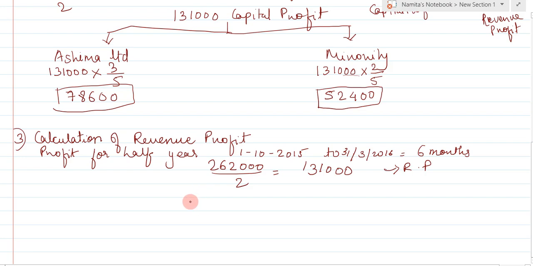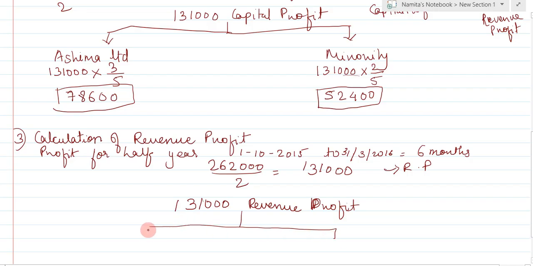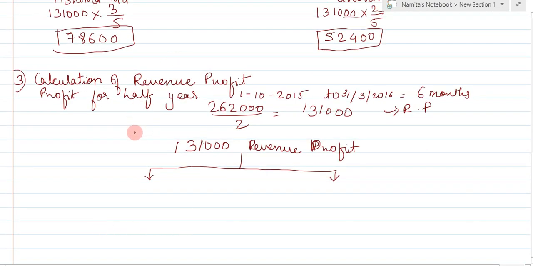This revenue profit, again we have to distribute between Anshima Limited and the minority, the share of Anshima Limited and the share of minority in revenue profit.